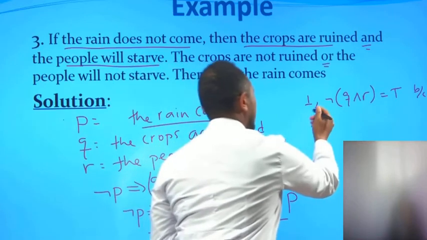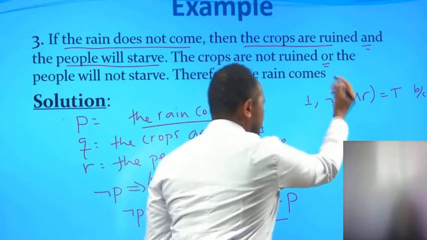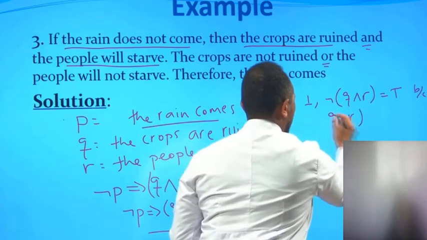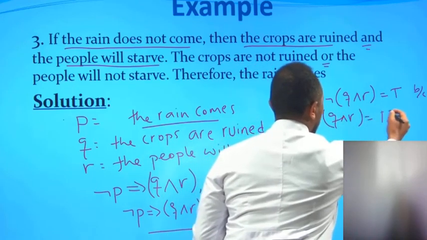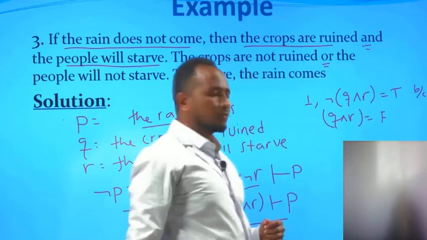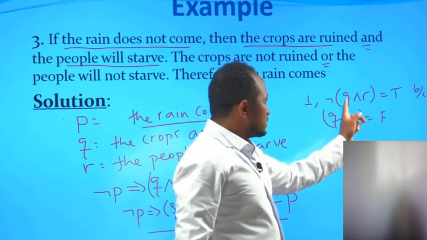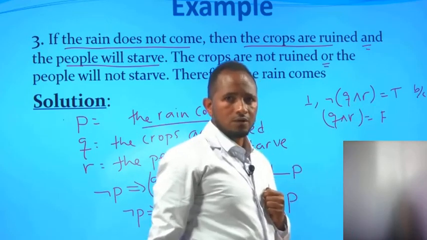Second, from this you'll have this one. Negation of Q and R true means this part, Q and R, is false. Q and R is false.